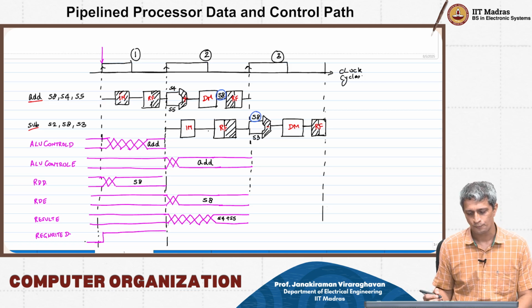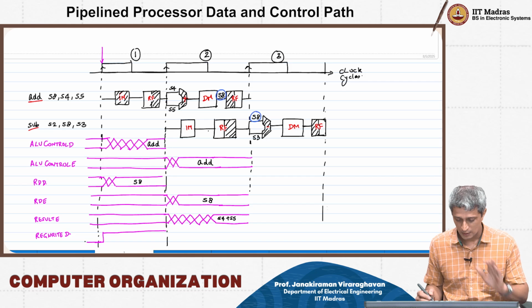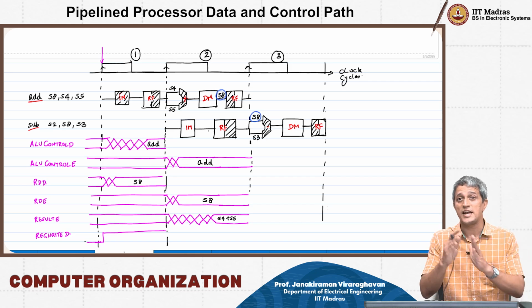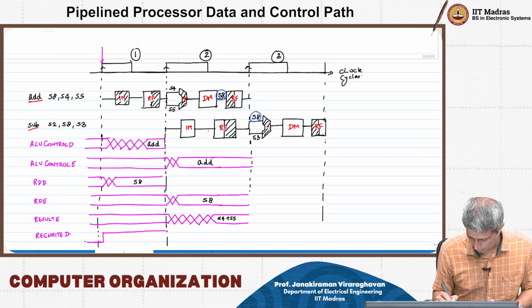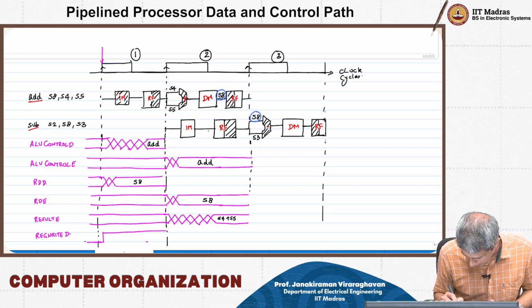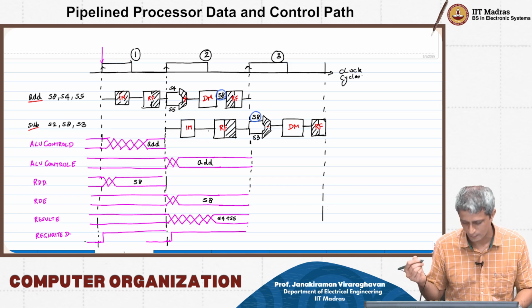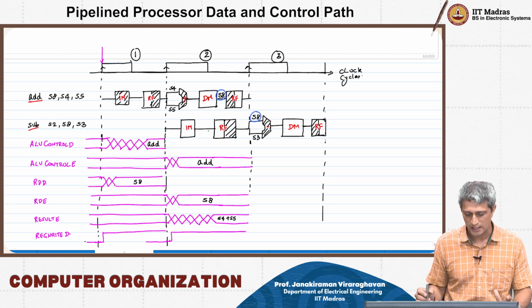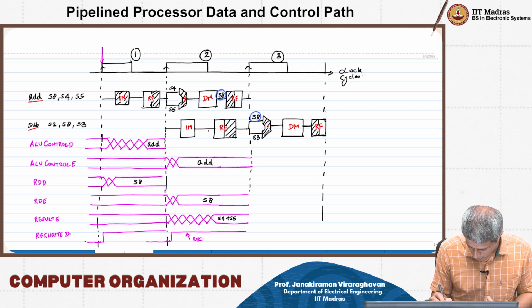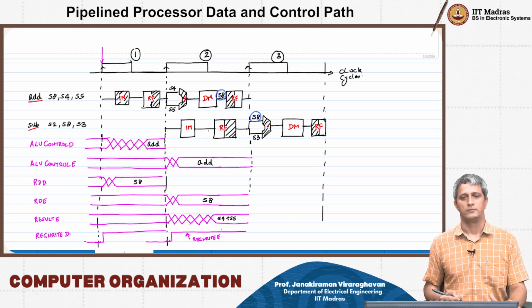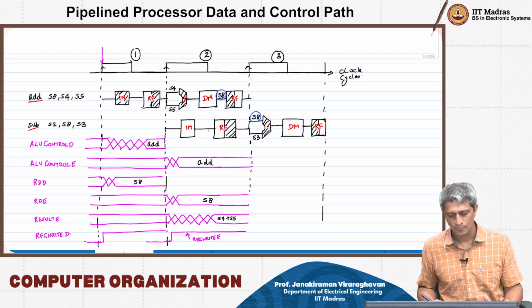This will go high. Now, reg write E is going to be a delayed version of this, so it will happen in the next clock cycle like this. I am just drawing reg write E and D in the same thing. So this is my reg write E signal, just a delayed version of that.